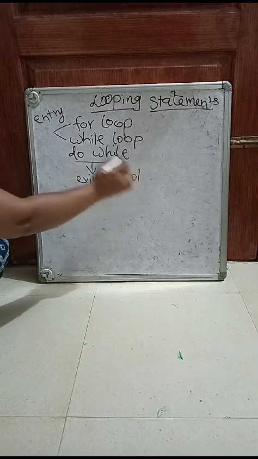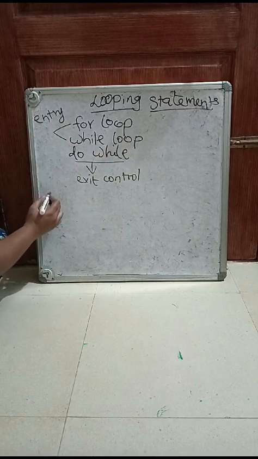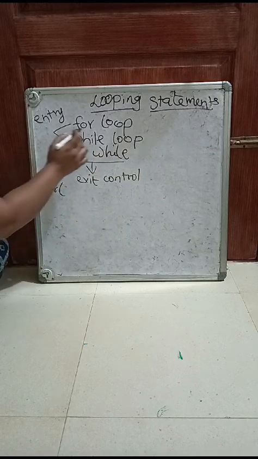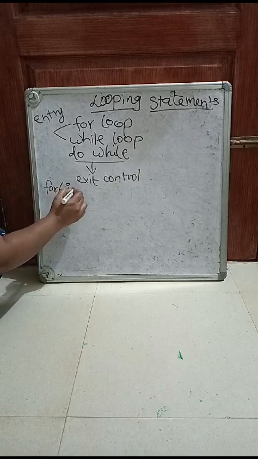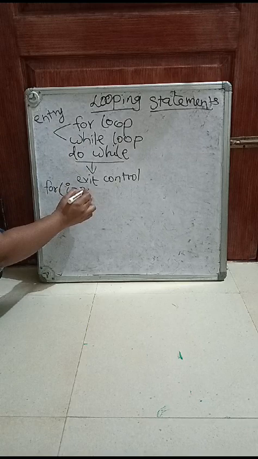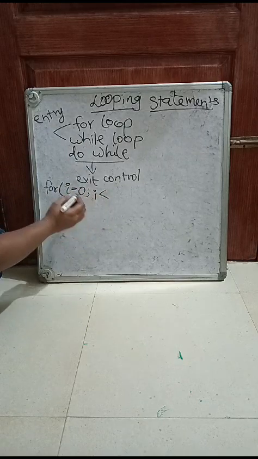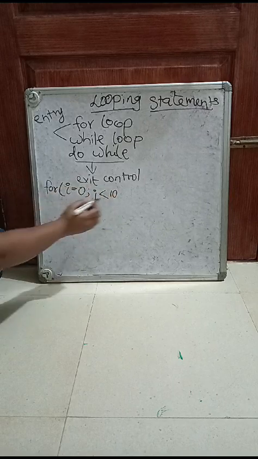Why we call these two entry control, whereas do while is exit control: for example, if I am going to execute a for loop a certain number of times, here I am initializing the value of i to 0 and checking the condition whether i is less than 10 or not.